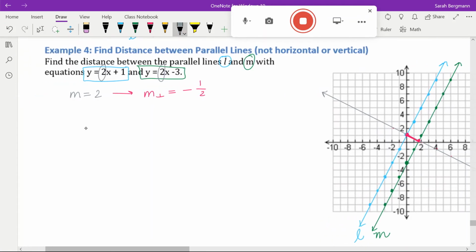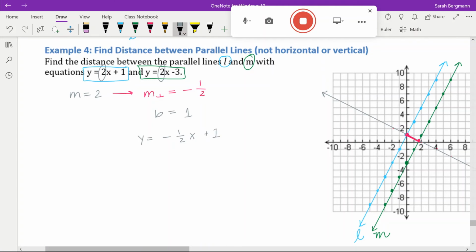So I know that gray line must have a slope of -1/2. And I know that I let it start at the y-intercept of 1, so I know b must be 1. So if m is -1/2 and b is 1, it must be y equals -1/2 x plus 1.